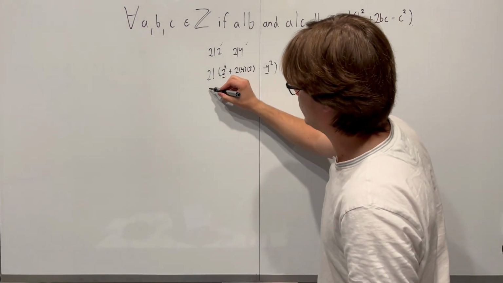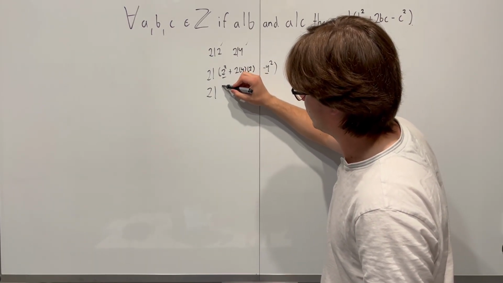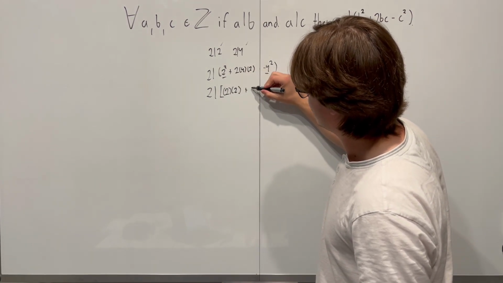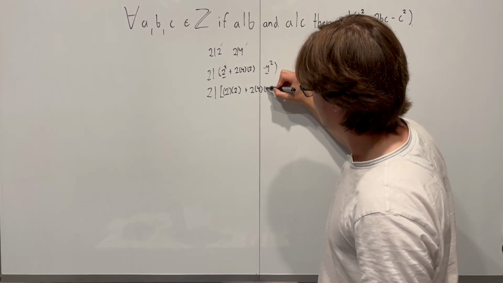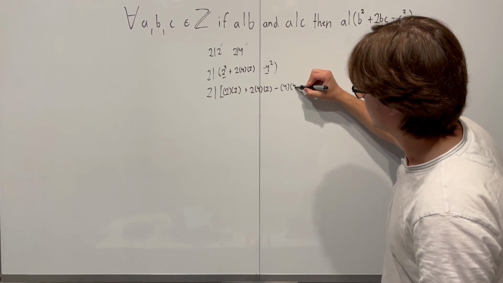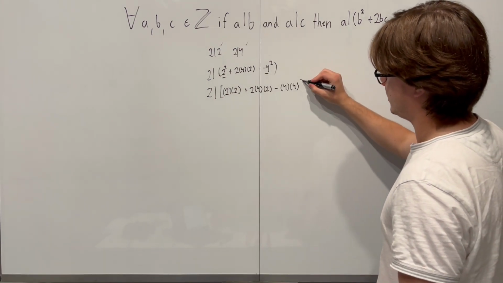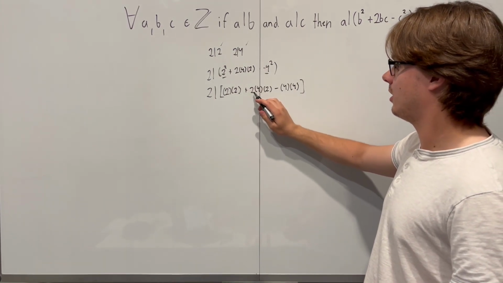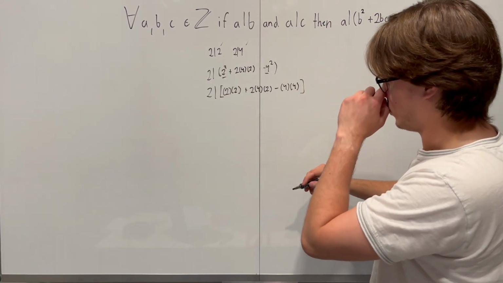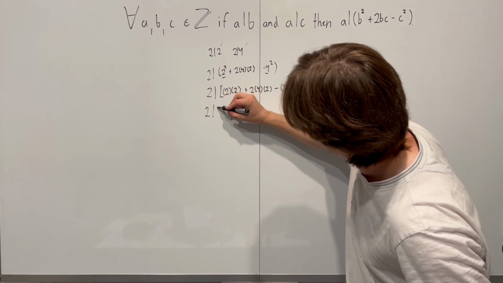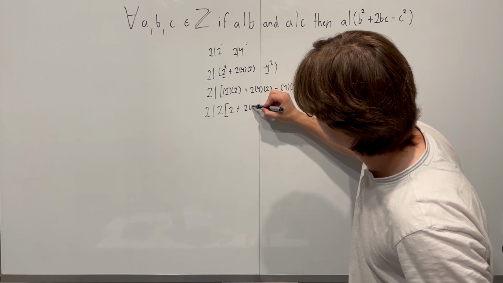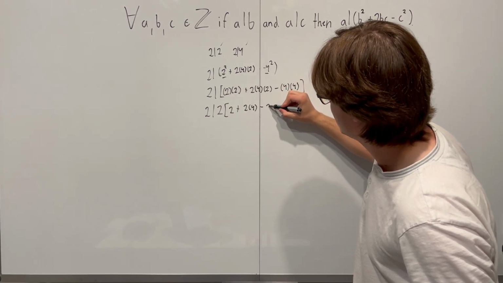If you can't see why, let me write this out more explicitly: 2 times 2 plus 2 times 4 times 2 minus 4 times 4. Fantastic. You can take a 2 out of here, a 2 out of here, and the 4s can be divided by 2, so we can take a 2 out of here as well. So this is the same as saying 2 is divisible by 2 times 2 plus 2 times 4 minus 2 times 4.